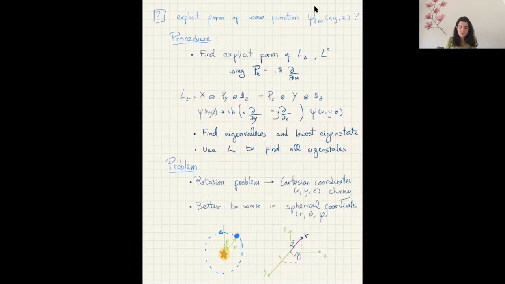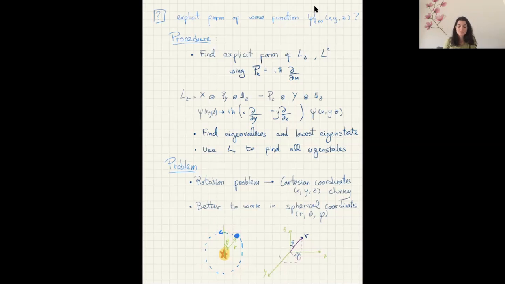If you try to describe this orbit in terms of our usual coordinates x and y, it becomes extremely clunky, because x goes up a little bit and then down and then up again, and the same for y. It's not a very easy function.